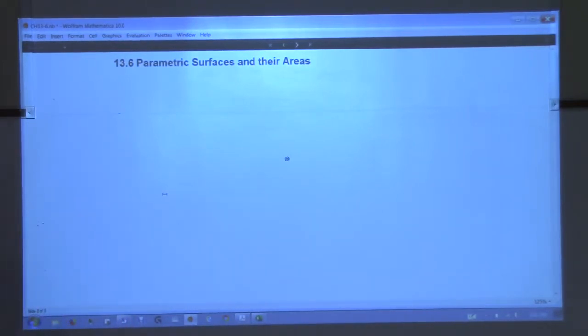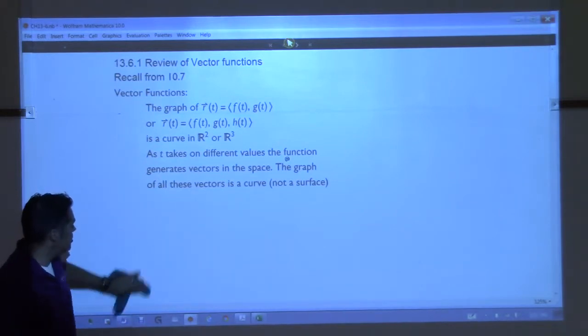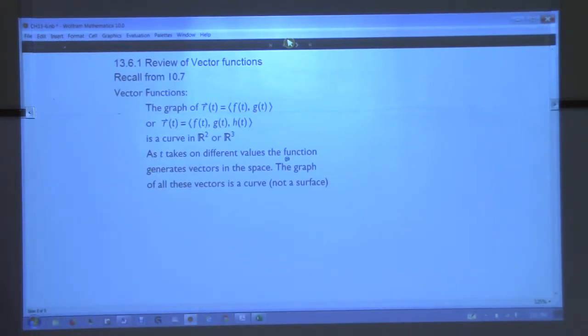All right, so the first note here has to do with something we've done already, and that is from Chapter 10, Section 7, when we were talking about space curves and vector functions.